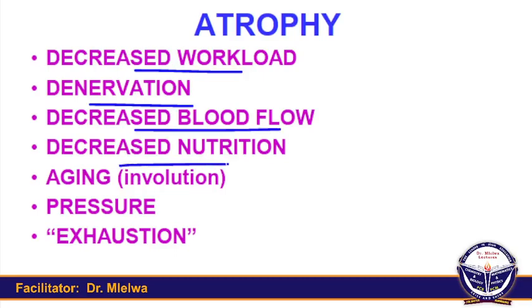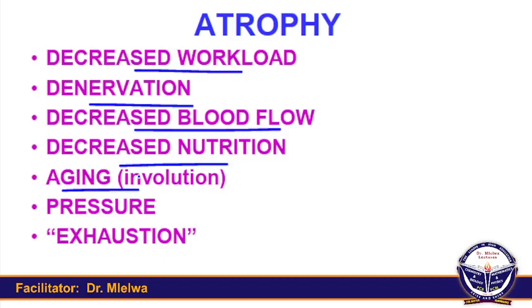Decreased nutrition, haina chakula. Aging, yani seli imekuwa ina umri mkubwa, imekaa baadaye inakufa. Seli nyingi zinaishi lakini baadaye zinakufa, na ndio maana unakuta watu wengi wazee wanakuwa na matatizo pia ya kupooza. Kwa nini? Kwa sababu most of them their nerve cells zimeishi, baadaye zinaanza kufa zenyewe.